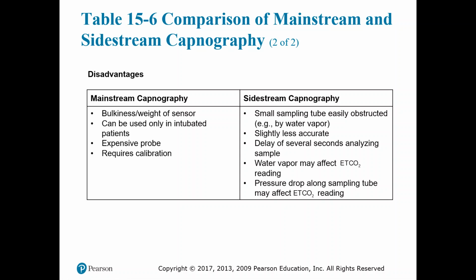Generally, there's a little filter in line in the sampling line that would hopefully prevent that. Pressure drop along the sampling tube may affect end-tidal CO2 readings because it's not getting the same flow if there's any kind of pressure drop for whatever reason.